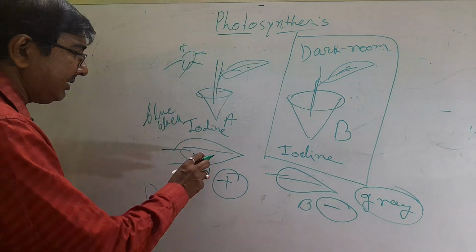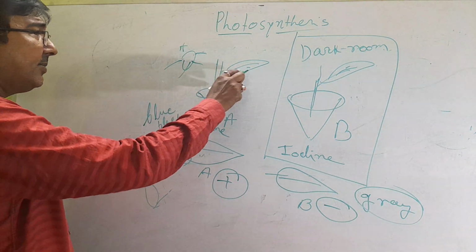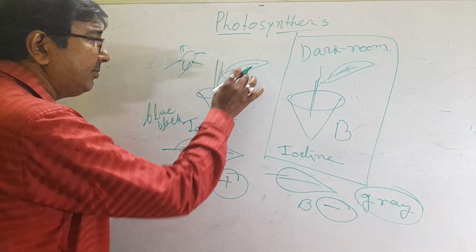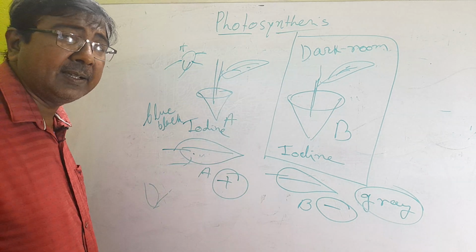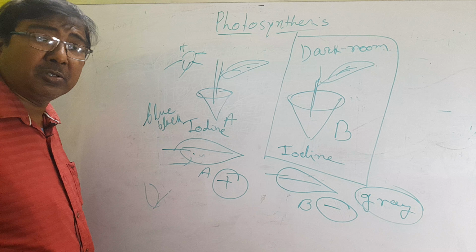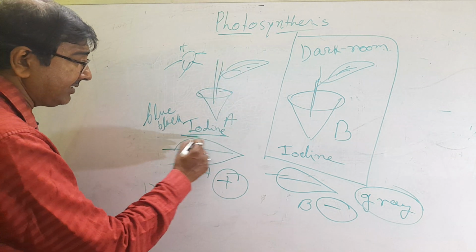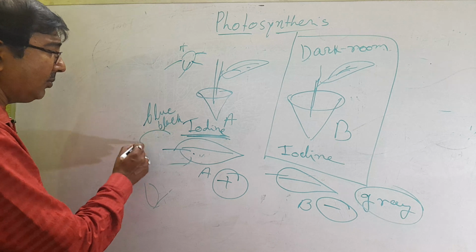Why? Because this leaf got sunlight, photosynthesis occurred and it produced glucose and starch. This starch in the presence of iodine converts into blue-black color.